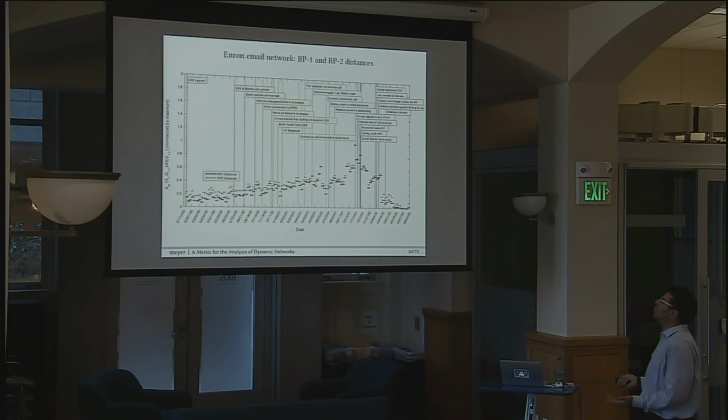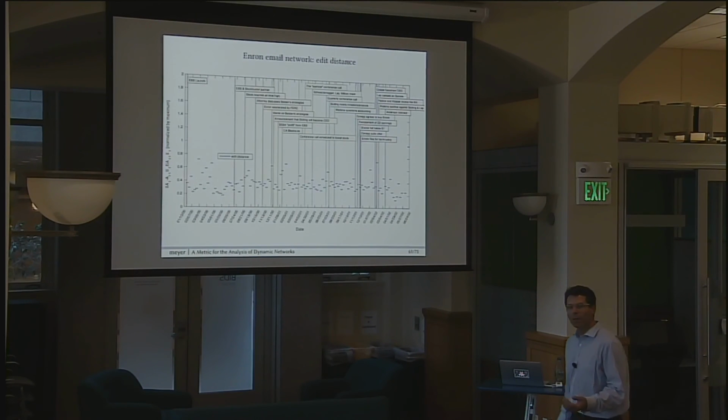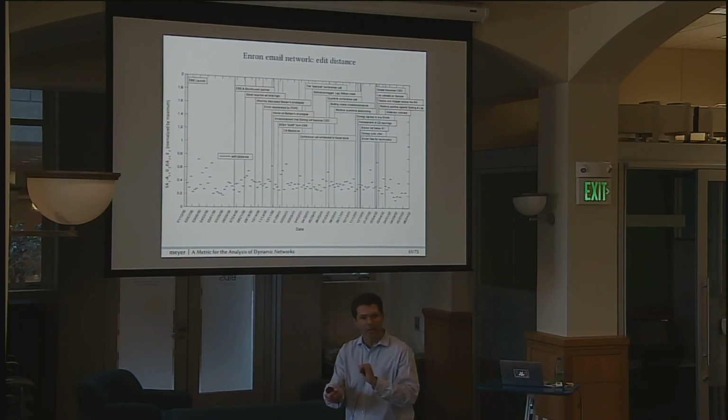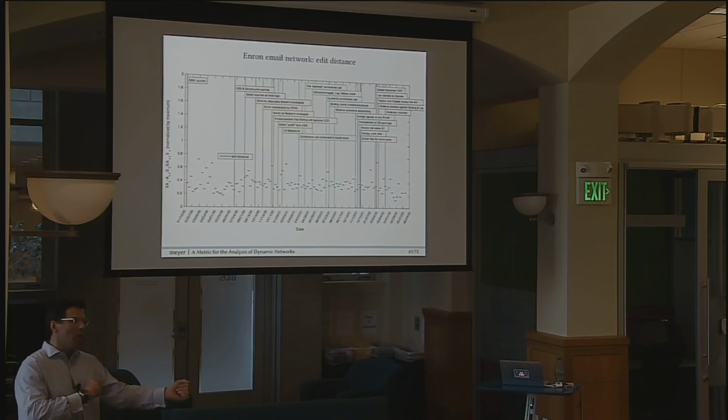So what we want to do is compare that to some distance that's totally agnostic to the structure, and that's the edit distance. Here, we're counting how many edges we need to add, for instance one more edge because during that week those two people started emailing each other a lot. You can see how flat this is.